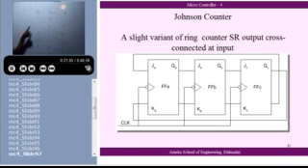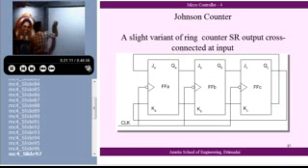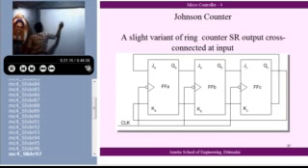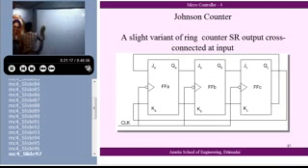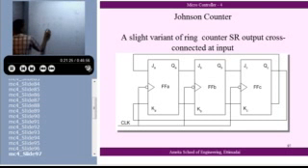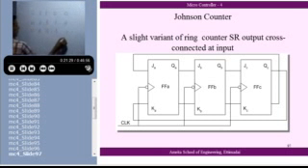This is a ring counter. This number is also playing around in a ring. It's a 3-stage ring counter. It's very simple. If I have 5 flip-flops, 0, 1, 1, 0, 0. Next state will be, see this 1 will go here: 1, 1, 0, 0, 0.